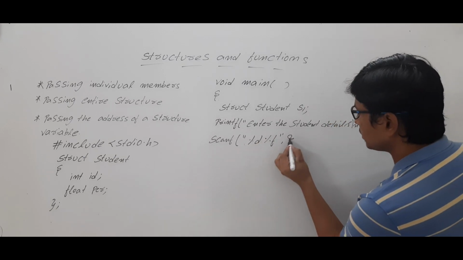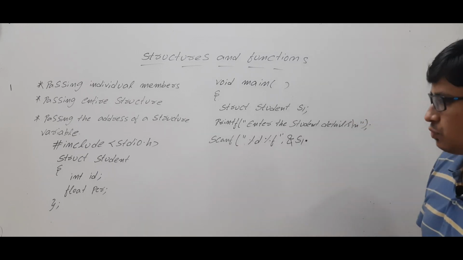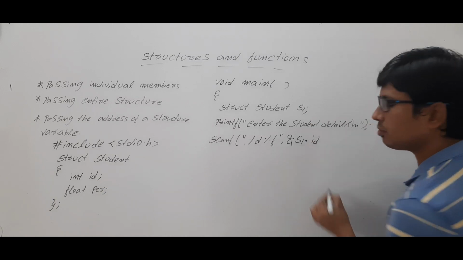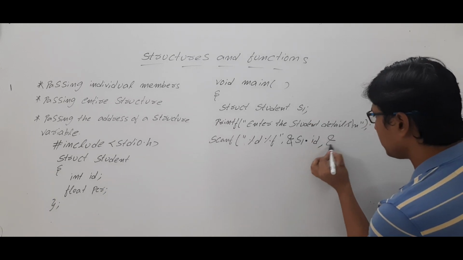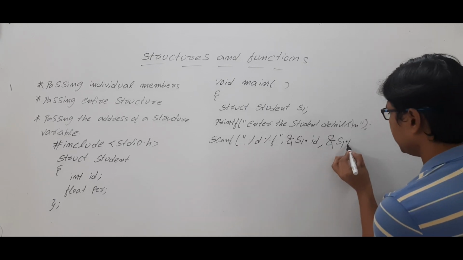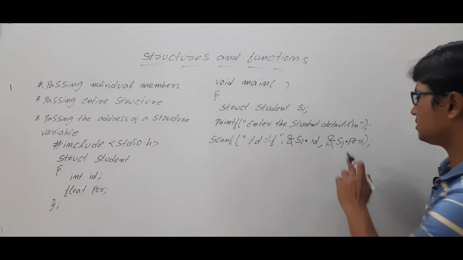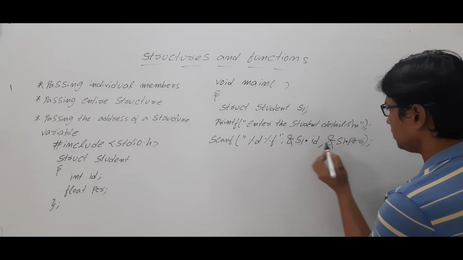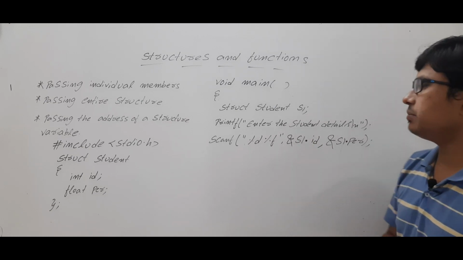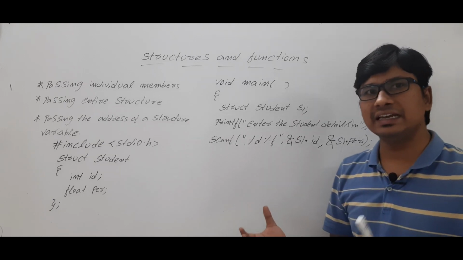You need to store in the variable s1 and the member is id, so that's why you are using a dot operator, and then &s1.id and &s1.per. Here s1 is the name of the variable, then the dot operator, and the member names are id and per. Now the user has entered the details.